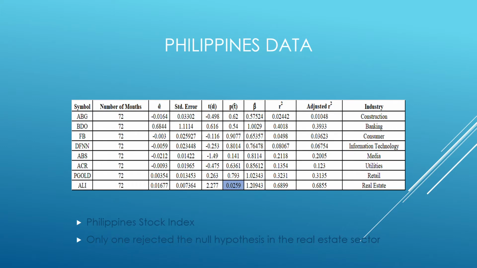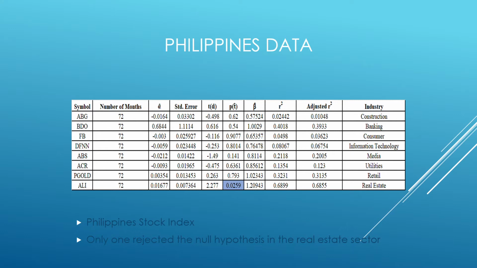And finally, the last country that I chose for my test was the Philippines, and pretty much all of the stocks in the sample failed to reject the null hypothesis, with the exception of Ayala Land Real Estate.